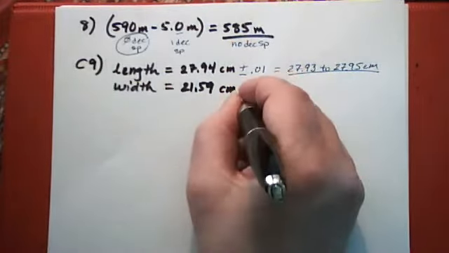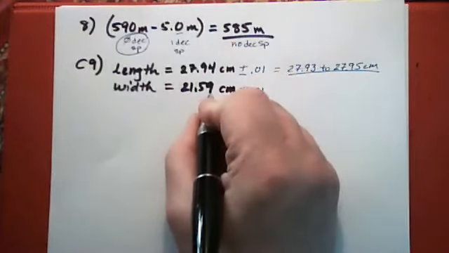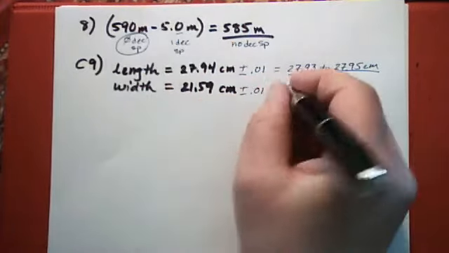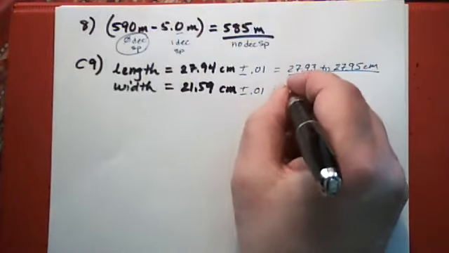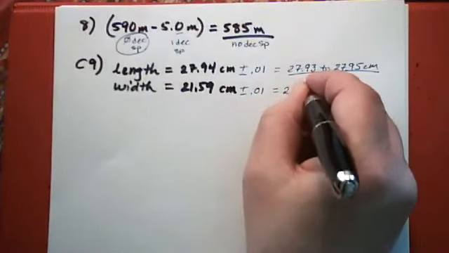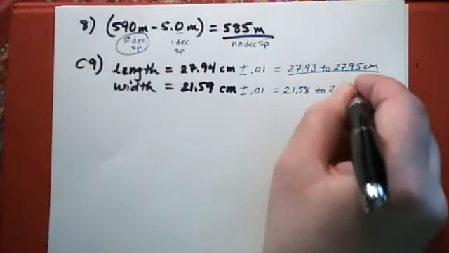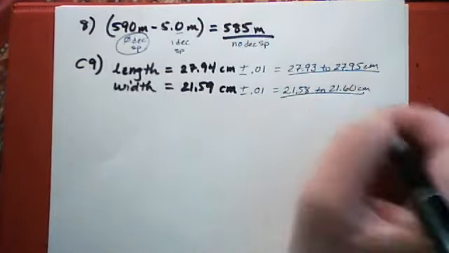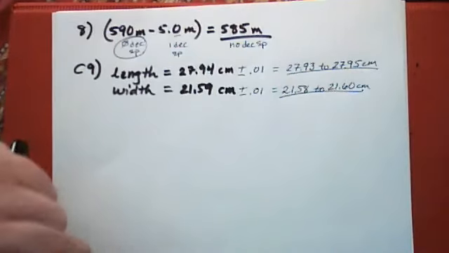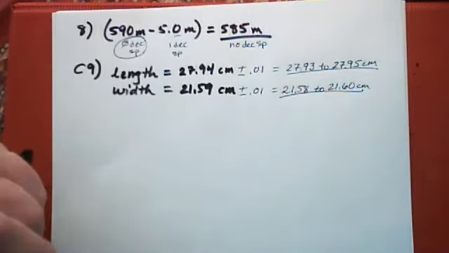But again, that's plus or minus 0.01 since we estimate that last digit. And that means that the range could be anywhere from 21.58 to 21.60 centimeters. And that allows for some disagreement on how to interpret the numbers on the ruler.